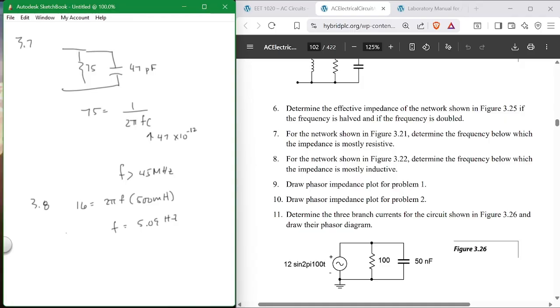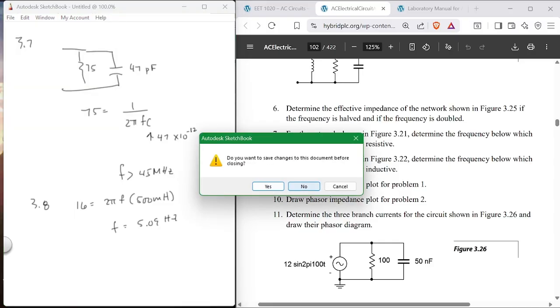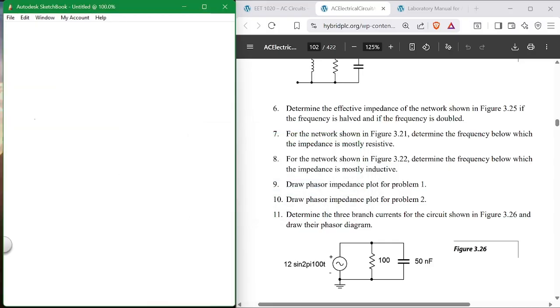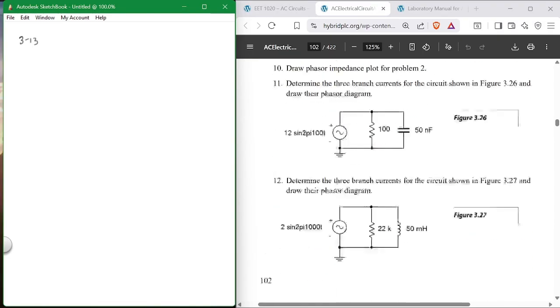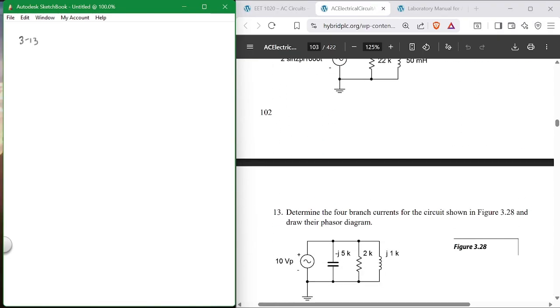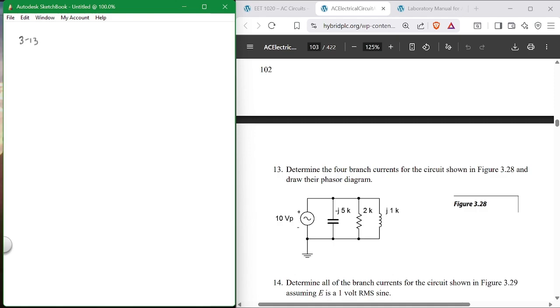Number 13. Determine the 4 branch currents. Okay, so this is the kind of question, as they say, this is a good test question.